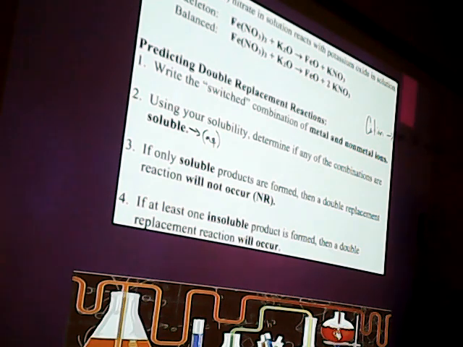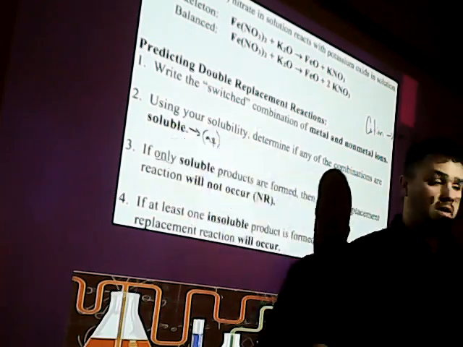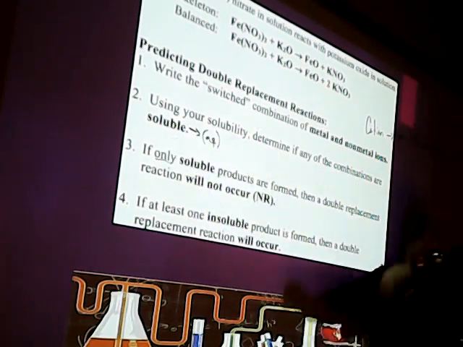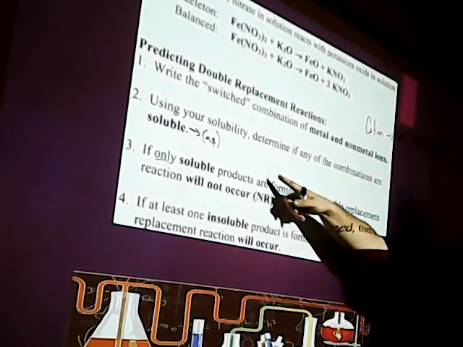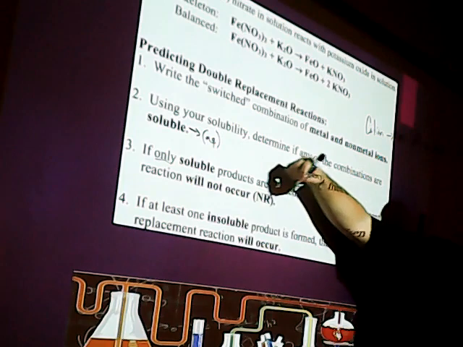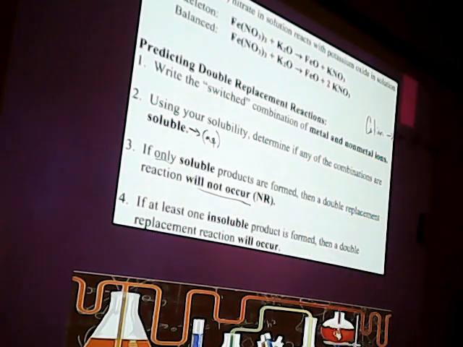If only soluble products are formed, that means in your products, they are both aqueous, then a double replacement will not occur. So that answers all your curious little minds out there of what happens. How do I know if it's not going to happen?